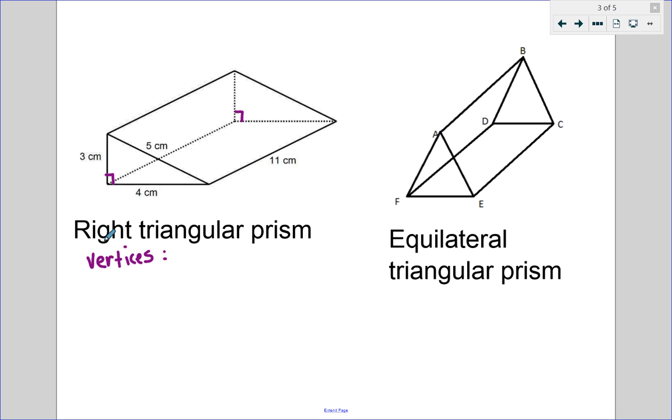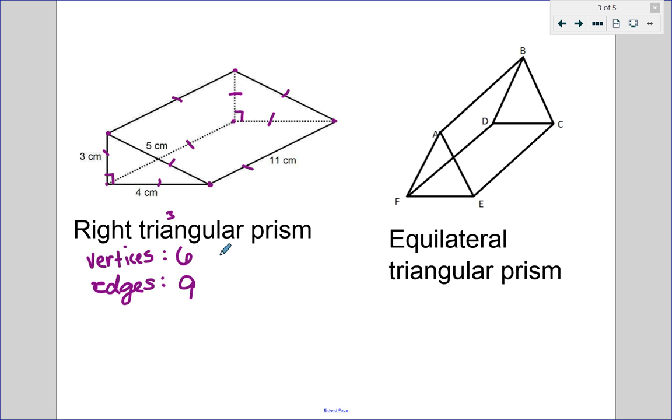Let's see if our test holds true. 1, 2, 3, 4, 5, 6. We have 6 vertices, and a triangle has 3 sides. So the edges that we have, let's see if that works. 1, 2, 3, 4, 5, 6, 7, 8, 9. We have 9 edges. It holds true, doesn't it?